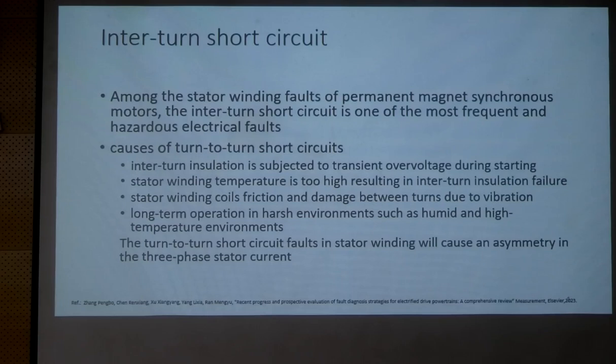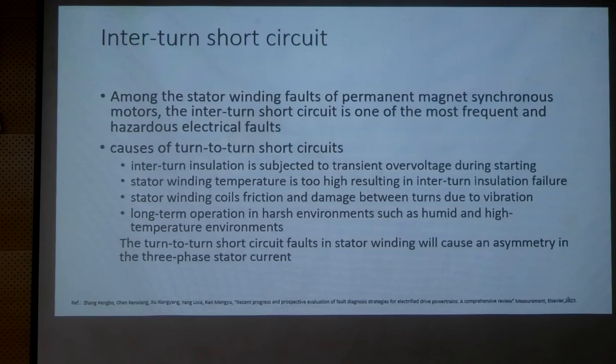Also stator winding temperature. If it is very high, it may cause interturn insulation failures. Stator winding coil friction when there is damage due to vibrations.